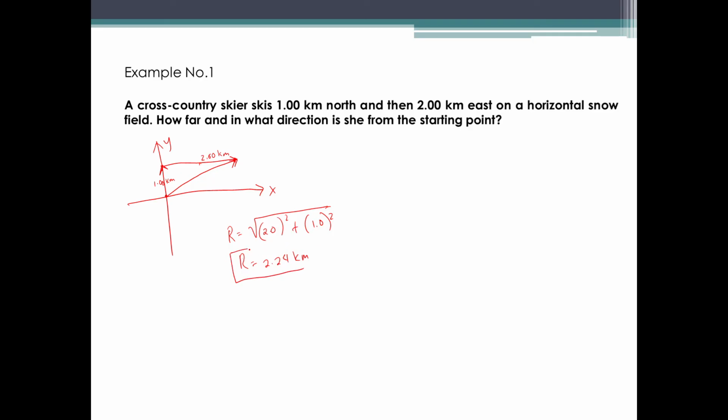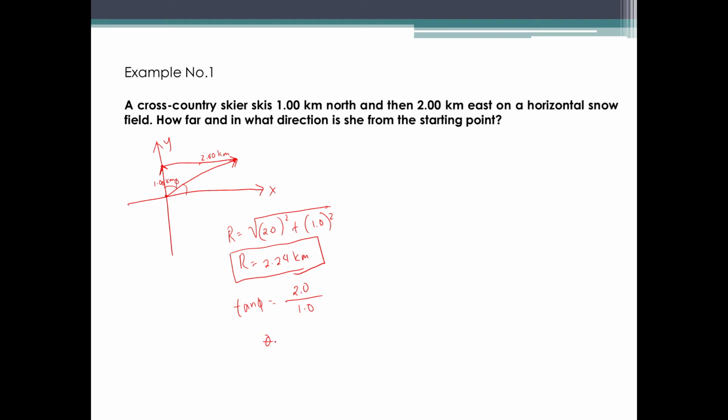Now, for the direction, suppose this one is the angle. So, let's solve first for this angle. If this is angle phi, tangent phi, the opposite of the angle phi is 2 over the adjacent, which is 1.